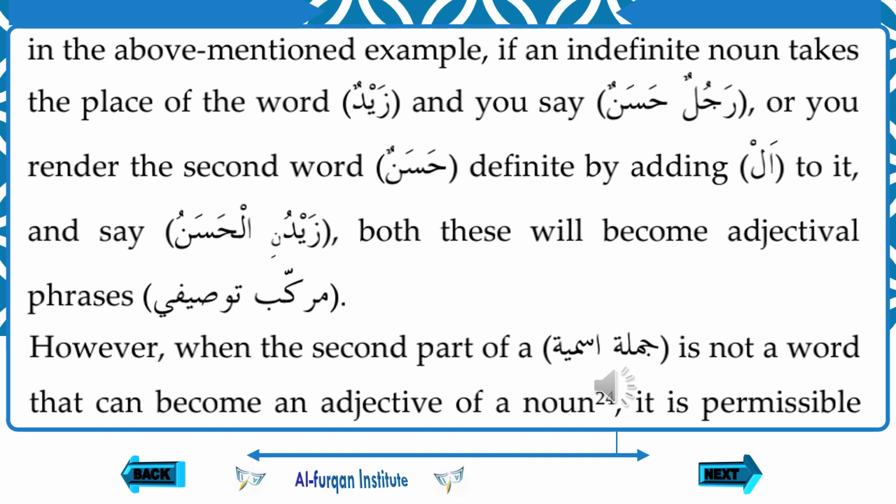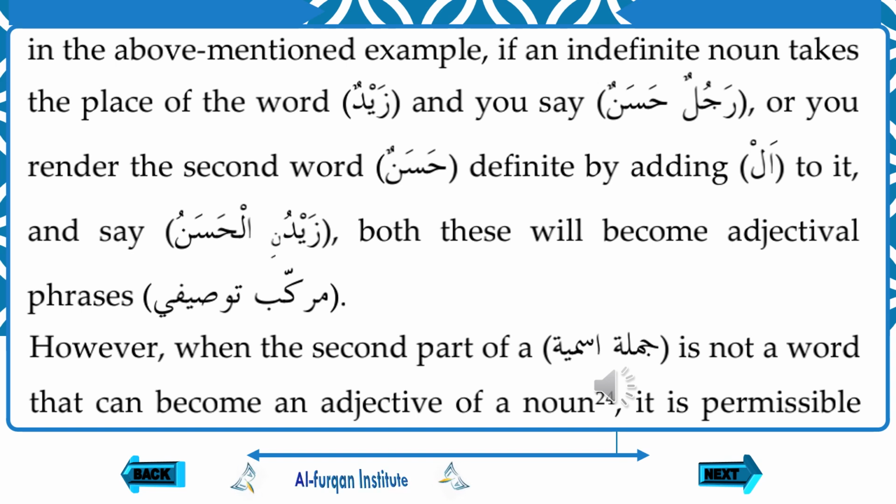So there is a common mistake. If someone says rajulun hasanun, a good man, this is not a full sentence. It is just a descriptive phrase, because both parts are indefinite. Similarly, Zaidun al-hasanu, Zaid the handsome.